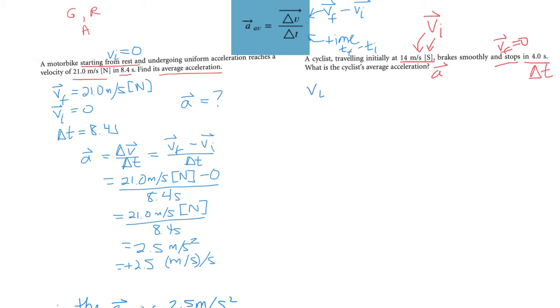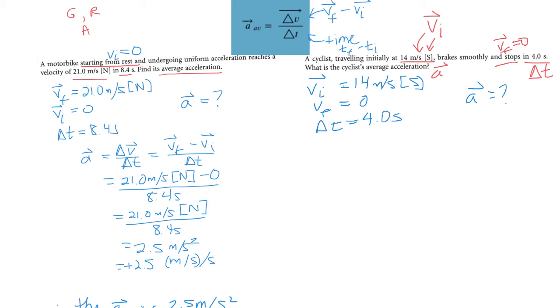We know our initial velocity is 14 meters per second south, our final velocity is 0, and our time interval is 4 seconds. So we want to find our acceleration.